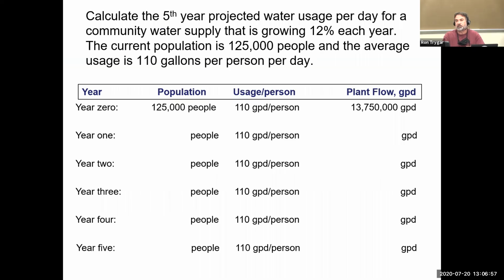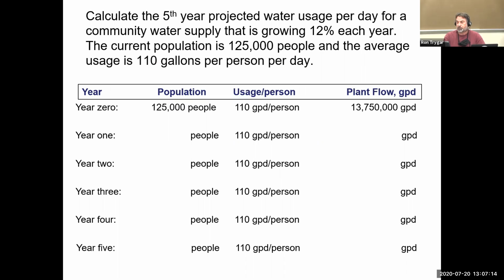So the question on the screen shows: calculate the fifth year projected water usage per day for a community water supply that is growing at 12% per year. The current population is 125,000 people and the average usage is 110 gallons per person per day.